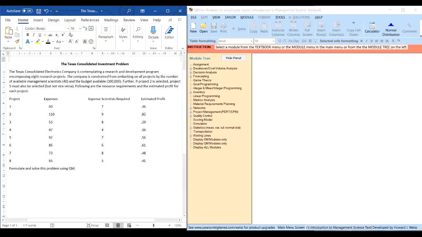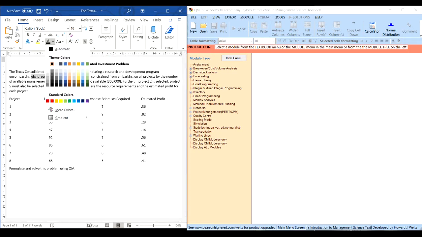So the Texas Consolidated Electric Company is contemplating a research and development program encompassing 8 research projects. Right away, we know this is key because now we know we have 8 decision variables. The company is constrained from embarking on all projects by the number of available management scientists.